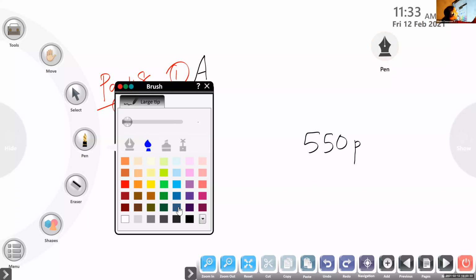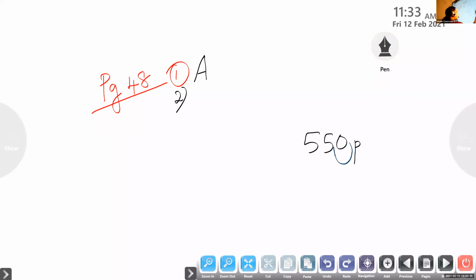How many places are we moving? 1, 2 from the right side to the front. So it is 5.50. So what's the option? Option B. Then question number 3. Questions 1 to 6 over.